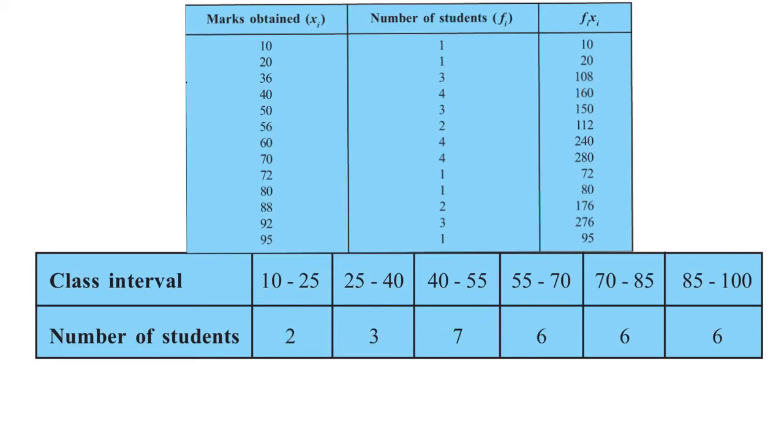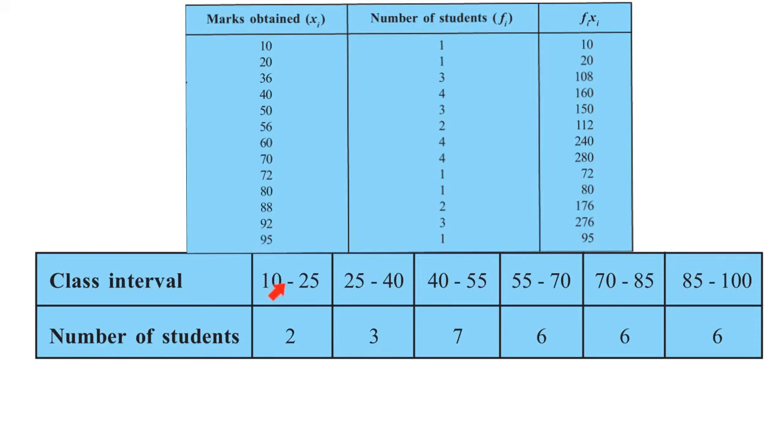Now, for each class interval, we require a point which would serve as the representative of the whole class. So some point which is going to represent each class. It is assumed that the frequency of each class interval is centered around its midpoint.